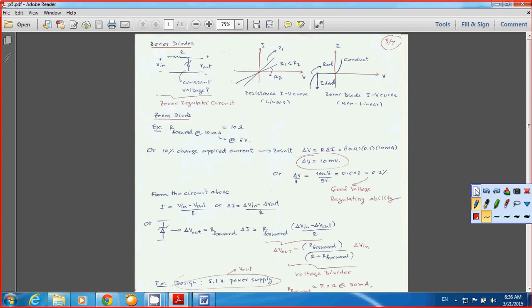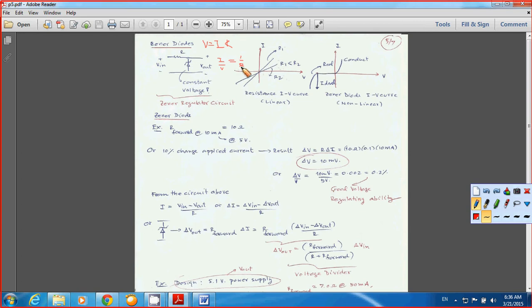In this case, let's start again. From Ohm's law, V equals IR. You want to find delta I over delta V. So I over V actually becomes 1 over R. When R is small, you will have a large slope.